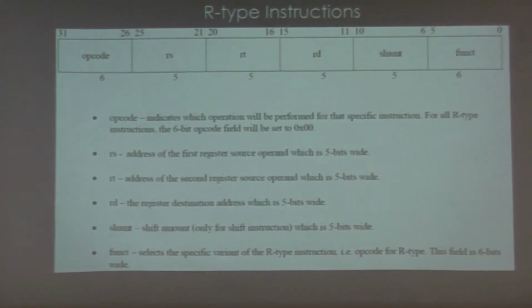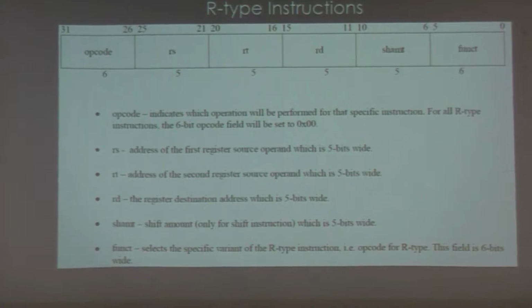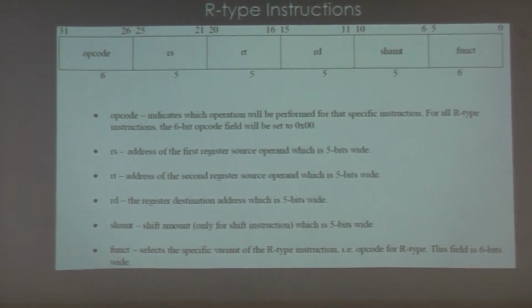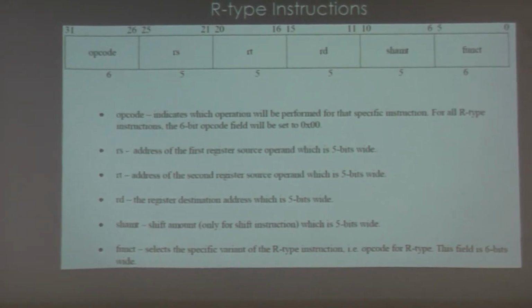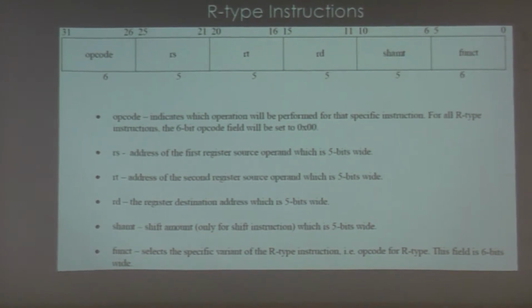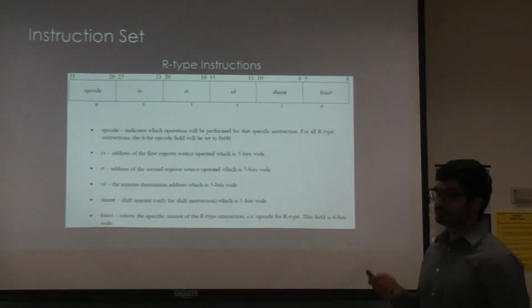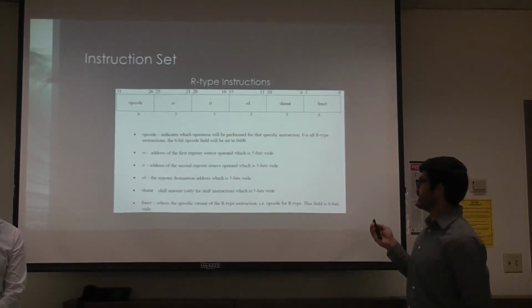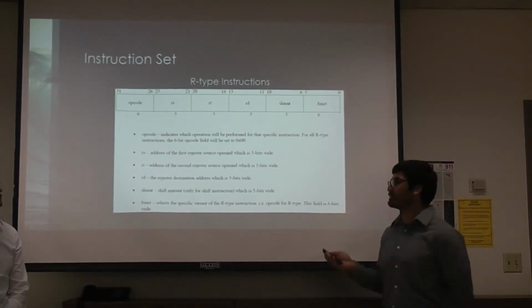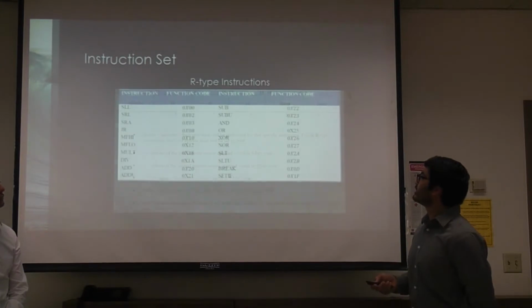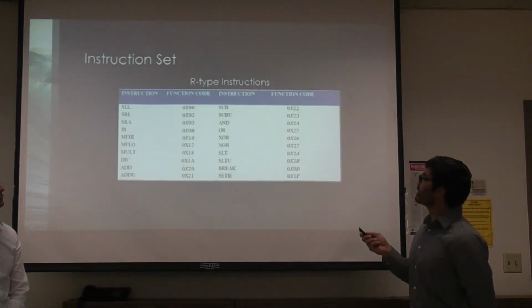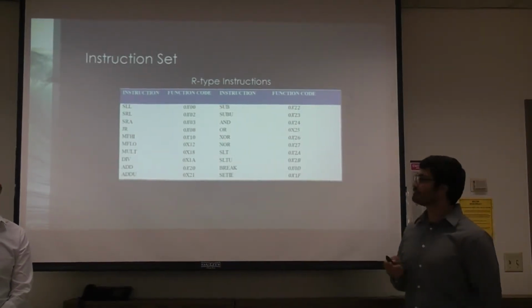RT, which is the second register source operand, also 5 bits wide. The register destination address, which is also 5 bits. The shift amount, and the function, which would either be if you're doing an add or subtract or divide. Here are all the R-type instructions for our processor.